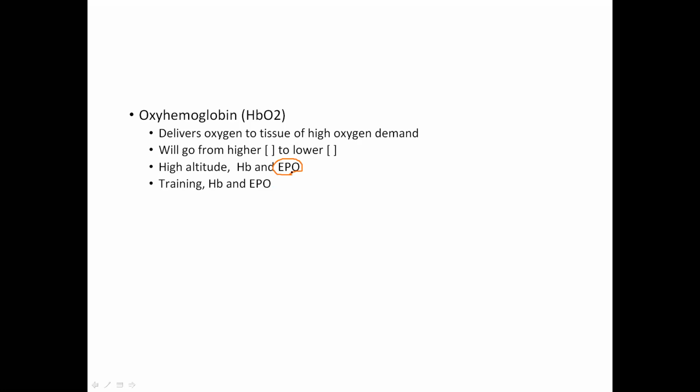So if you start training, if you go to altitude or whatever, your body will start to create more. Or if you lose blood, like, look at that blood loss, oh, no red blood cells, oxygen carrying capacity just went down. No problem. I'll release erythropoietin, which goes to the bone marrow, which stimulates the production of red blood cells, which increases your ability to transport oxygen.